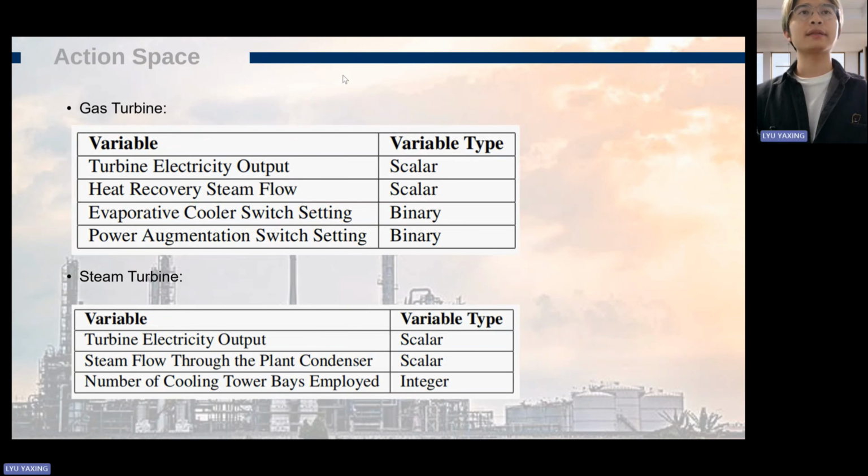Action space. The gas turbine includes turbine electricity output, heat recovery steam flow, evaporative cooler switch setting, and power augmentation switch setting. The steam turbine includes turbine electricity output, steam flow through the plant's condenser, and number of cooling tower bays employed.